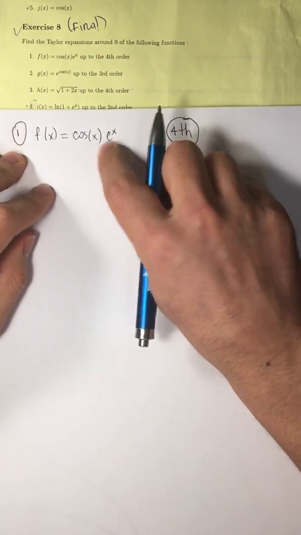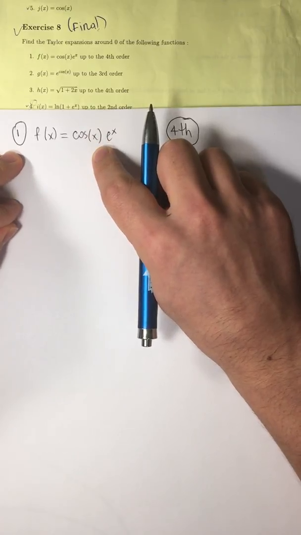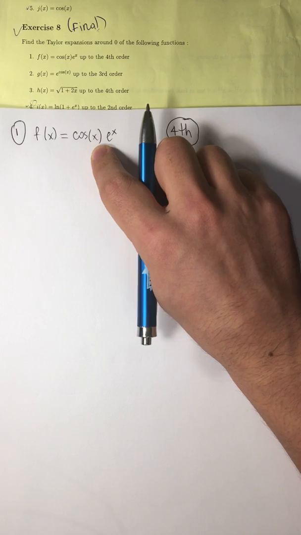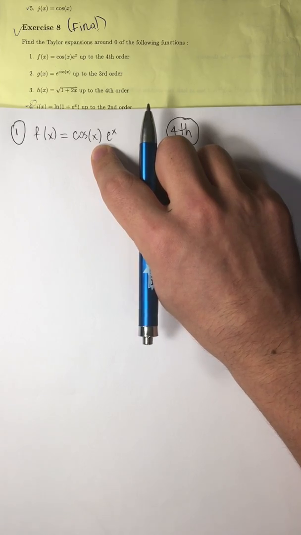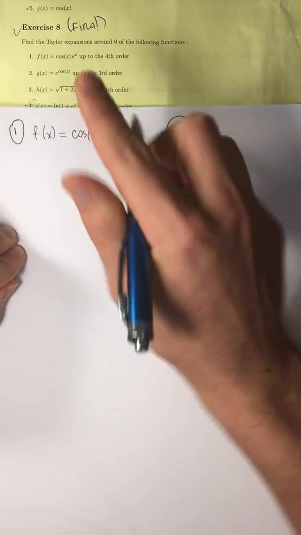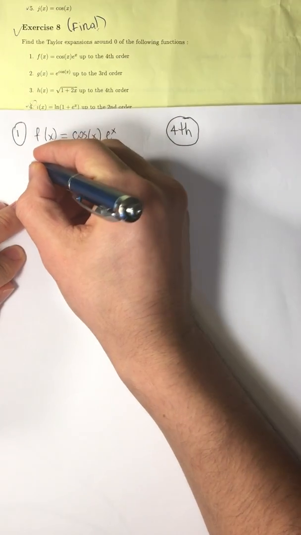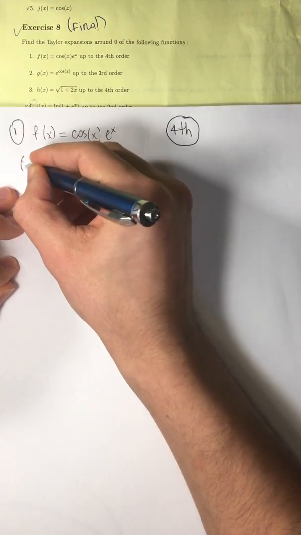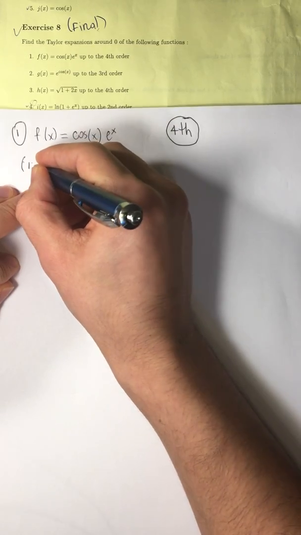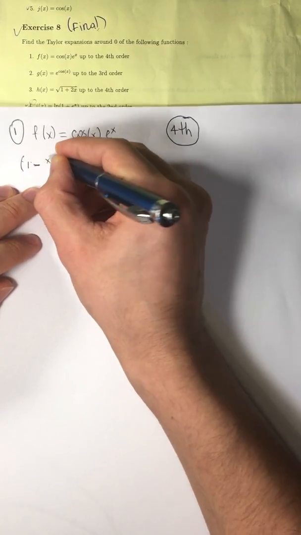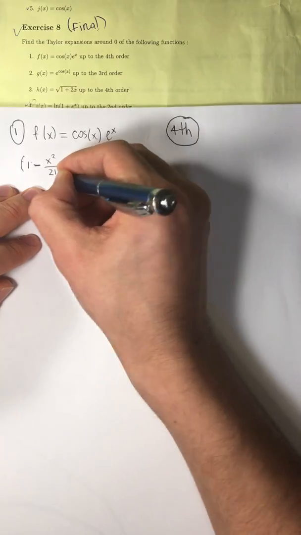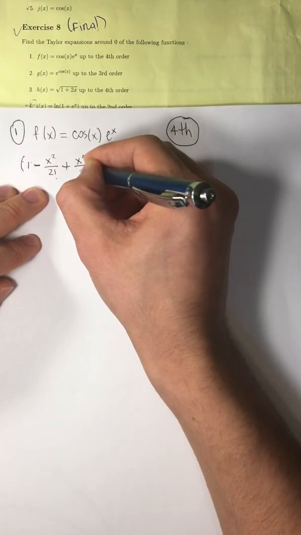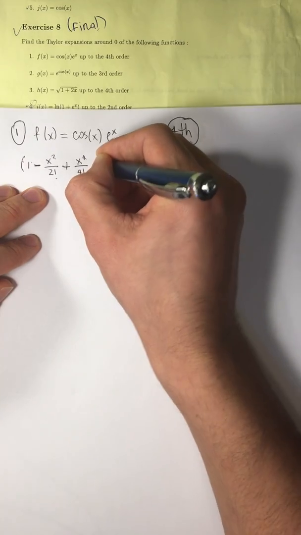Right now in here, according to formula number 4, we are going to have cosine x. Cosine x is equal to 1 minus x squared divided by 2 factorial plus x to the 4 divided by 4 factorial.